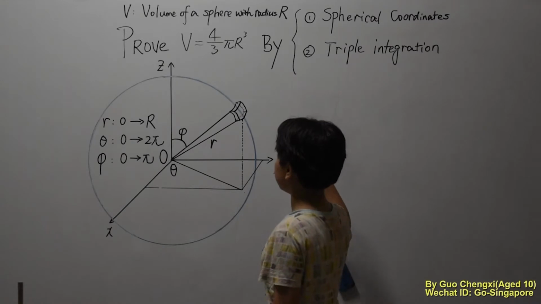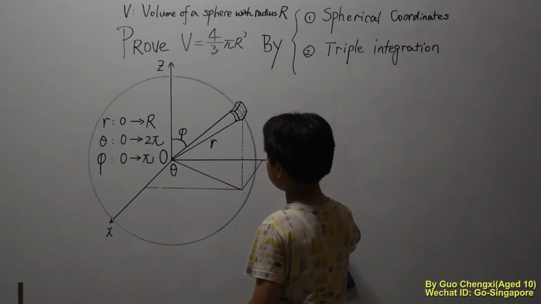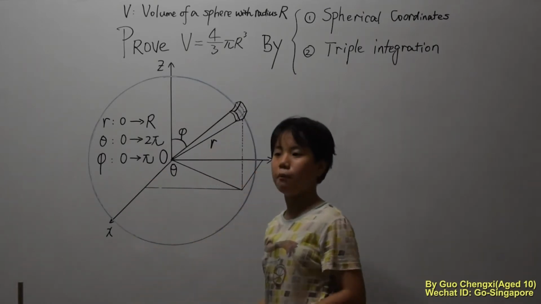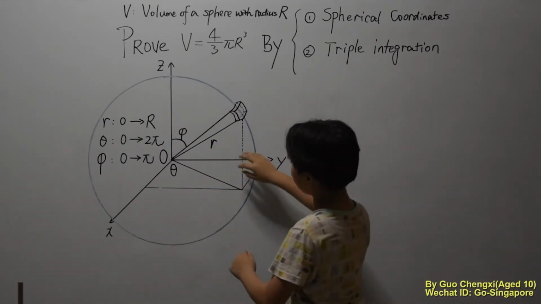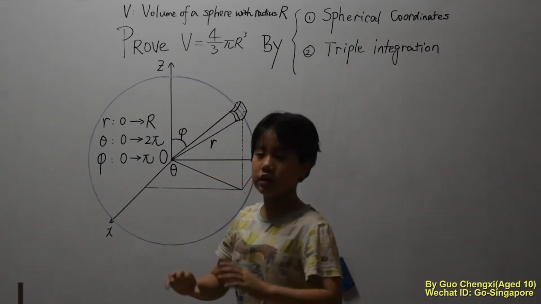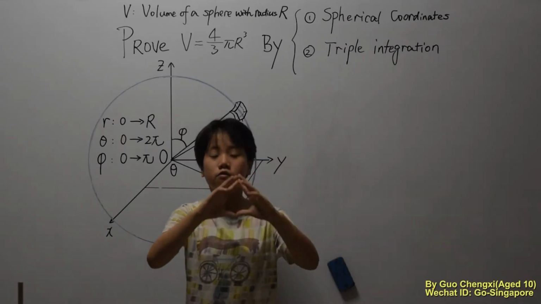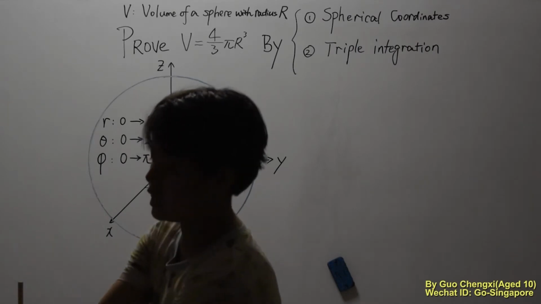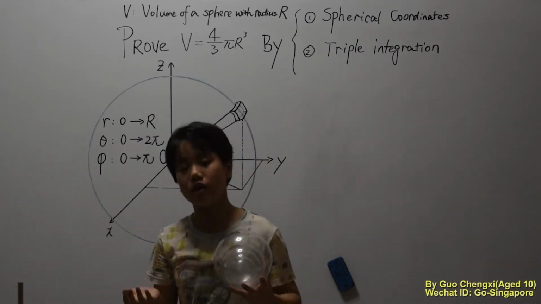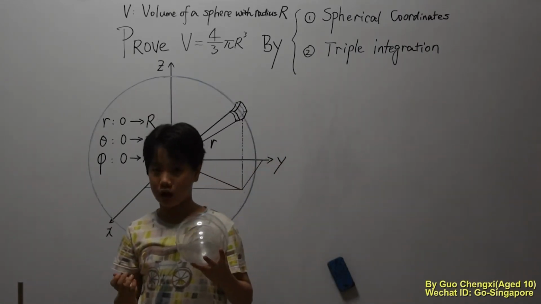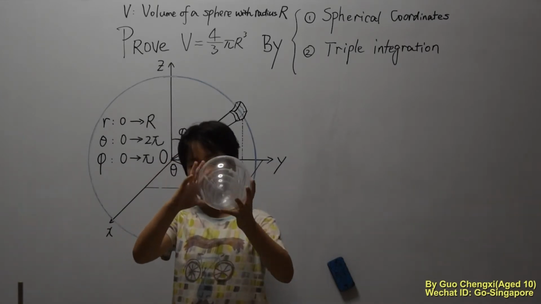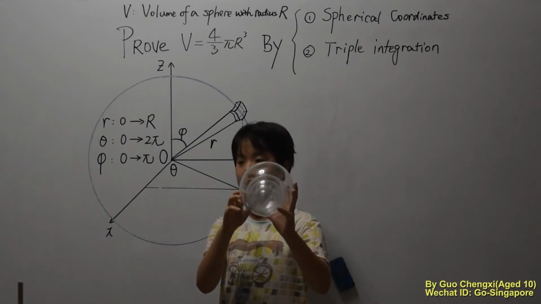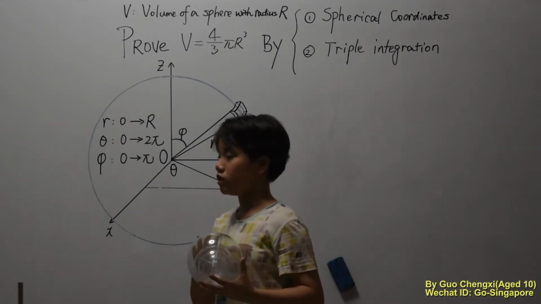So for this part, you'll probably be thinking, wait, then what's all this R about? So let me tell you. Basically, this whole volume of the sphere, we have already learned about the shell by shell method, right? So it will be somewhat like this, and then over here is basically one inside another and one inside another, okay?